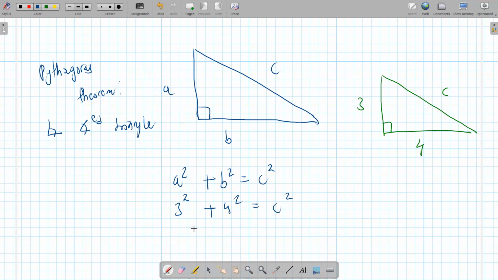Yeah, that's a 9. Plus, what's 4 squared? 16. Good, equals C squared. What is 9 plus 16? That's 25. So you have 25 equals C squared.